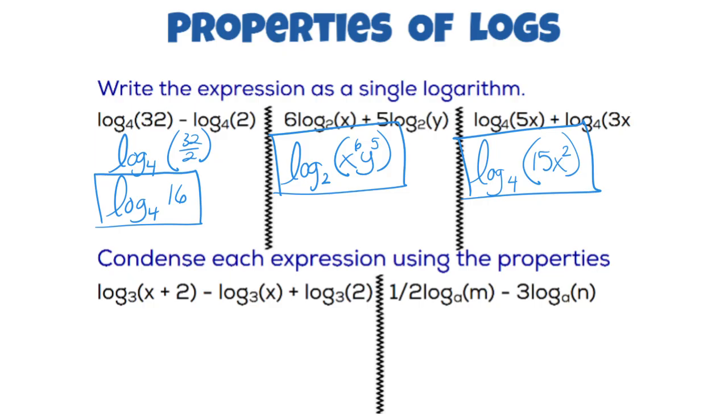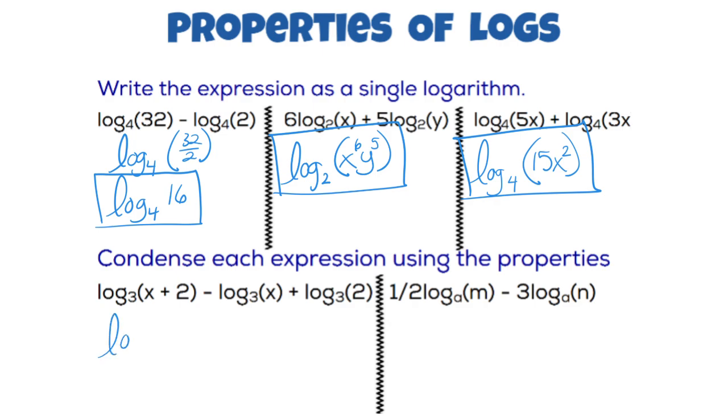Okay, let's try this next one. A little bit more going on, let's say. Here's what I've got. I've got a quantity here. Plus, I've got 3 different logarithms that I'm trying to condense into a single log if I can. Every time I see subtraction, I'm going to do division. If I see addition, I'm going to do multiplication.